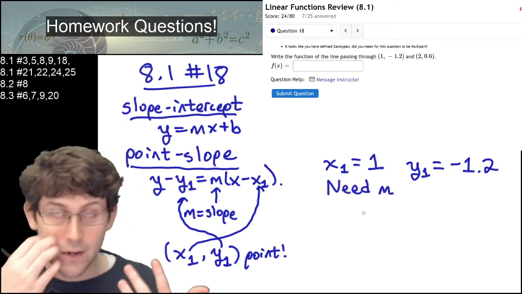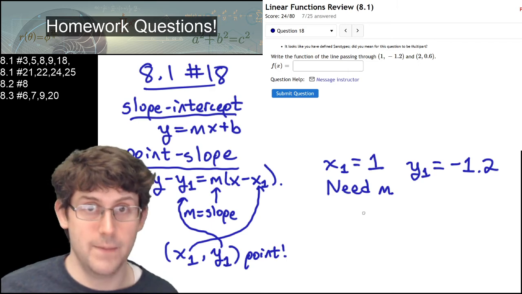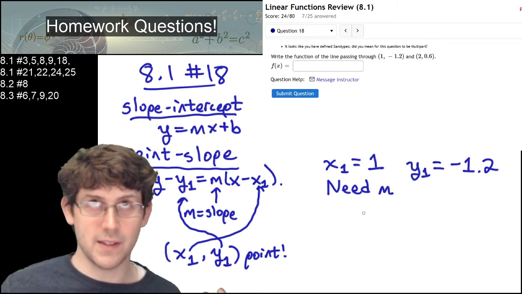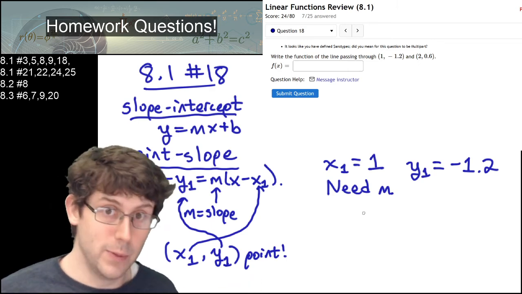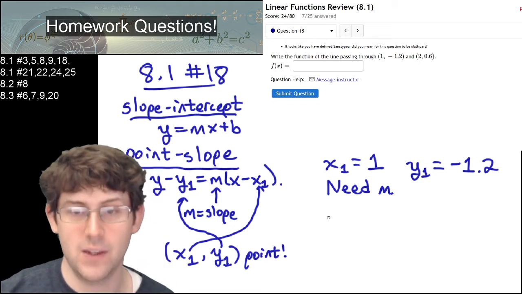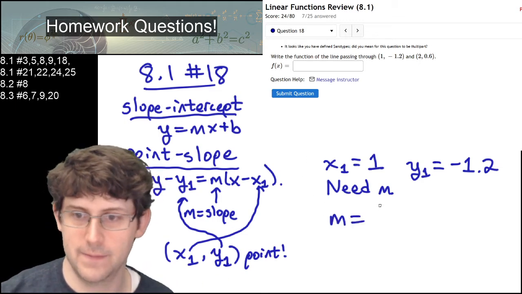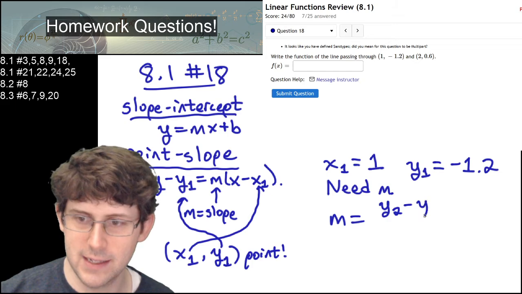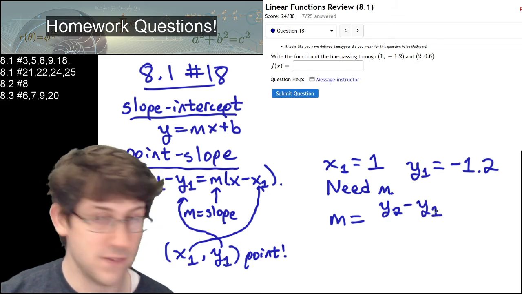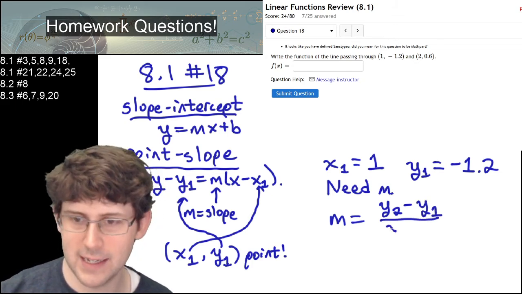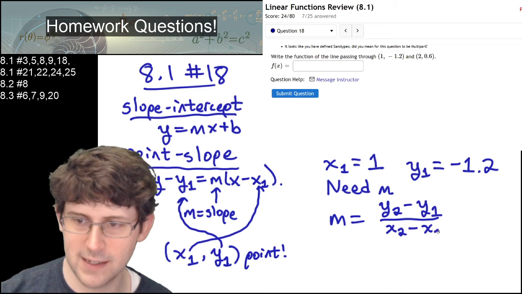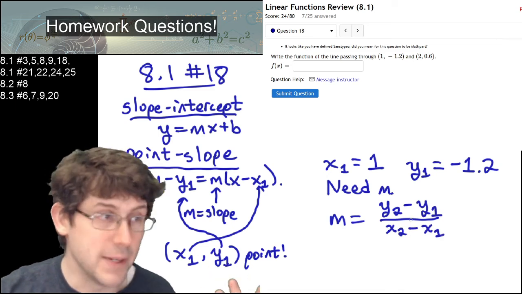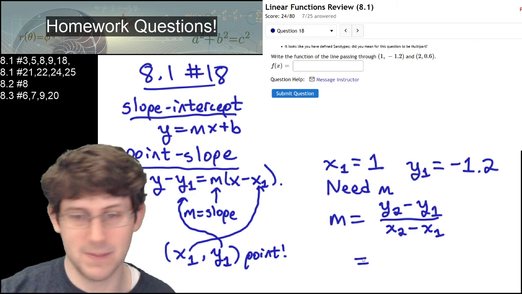Once you get this far where you go, oh, I need the slope, that's when you have to think, well, can I find the slope? And the answer is yeah, we have a slope formula. m is second y minus first y, all divided by second x minus first x. And I have a bunch of x's and y's, so I'll put them in the right spots.